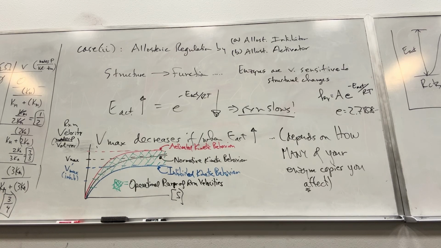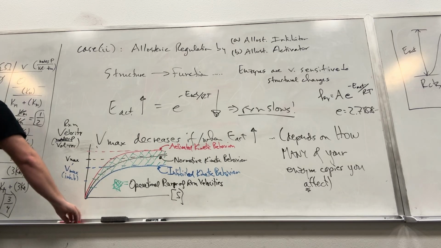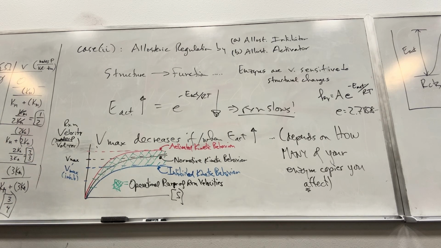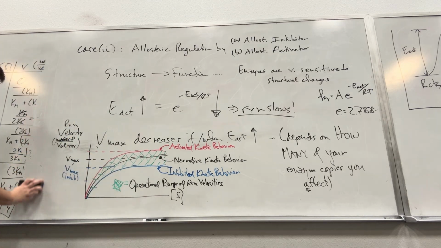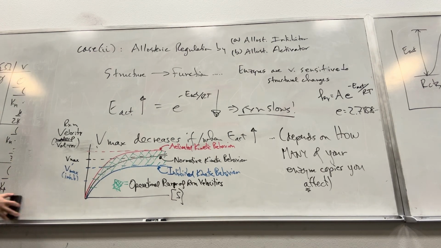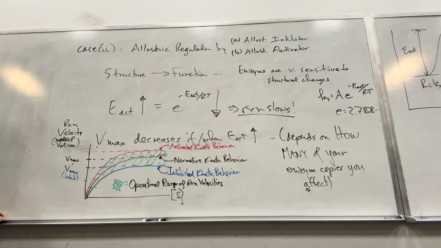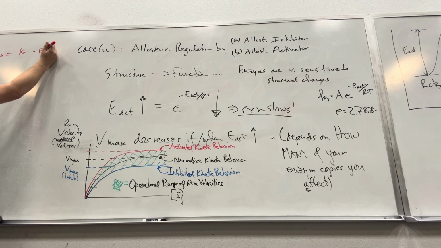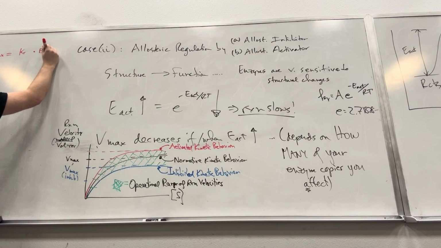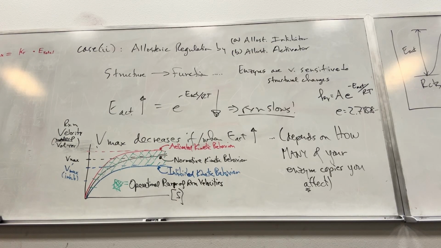Okay, let's break it down. My Vmax is equal to my Kr times my E total. What is really my Kr? Two things, right?